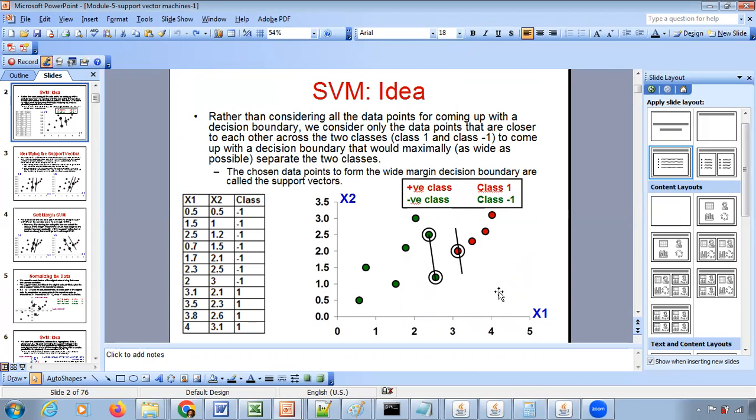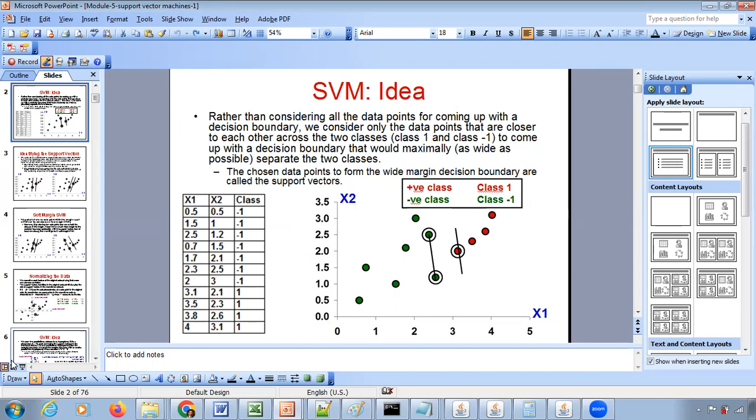So you want to model the training data set in such a way that the two classes of data points are separated by as wide a decision boundary as possible. And it is the user who has control on the decision boundary that is identified.